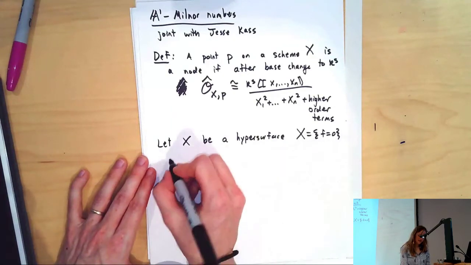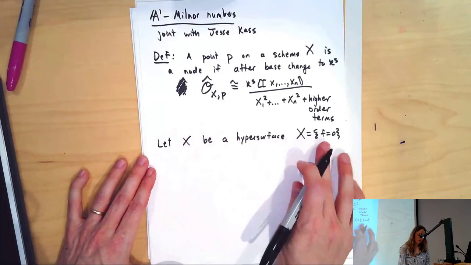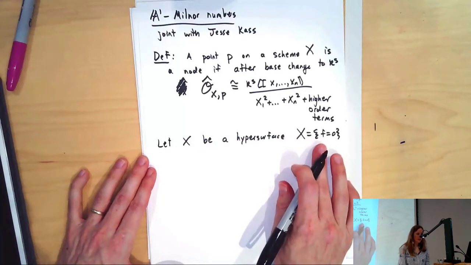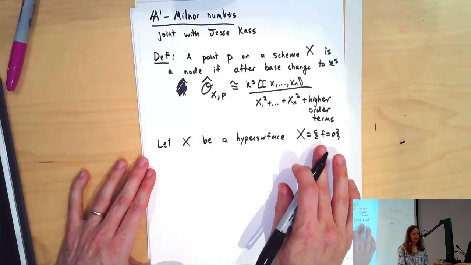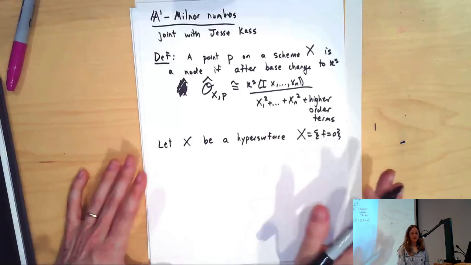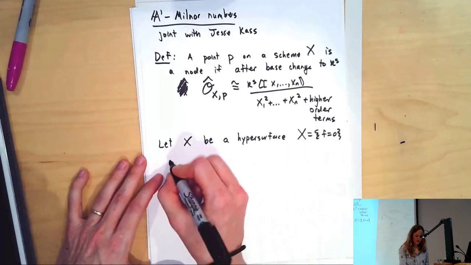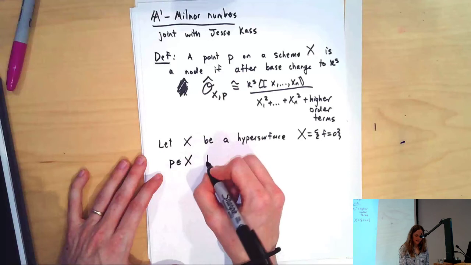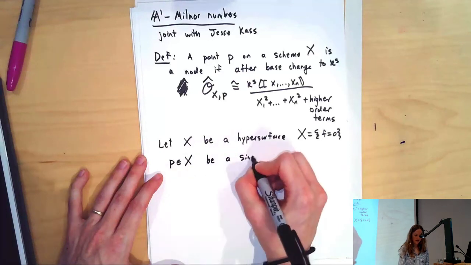If we move the equation a little bit and we were at some sort of complicated singularity, that singularity will bifurcate into nodes. So let P in X be a singularity, perhaps it's complicated.